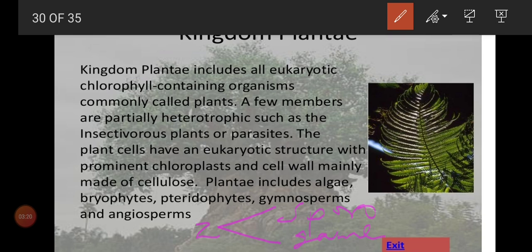If it is a sporophytic generation, it will contain two sets of chromosomes, so we call it 2N. If it is a gametophytic stage, it will contain only a single N, a single set of chromosomes. So normally a plant in its life contains two stages, the sporophytic stage and the gametophytic stage.